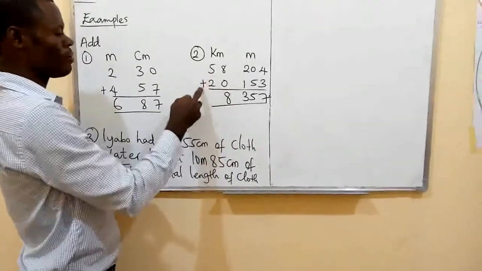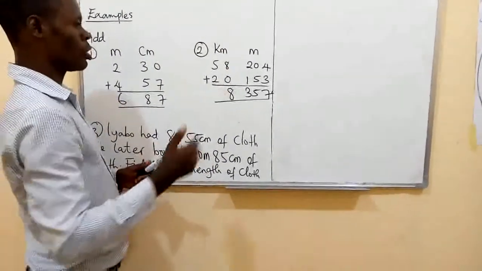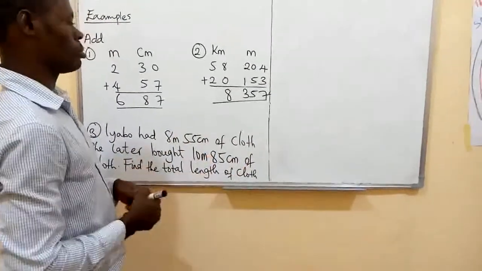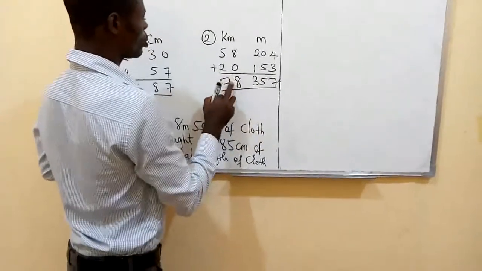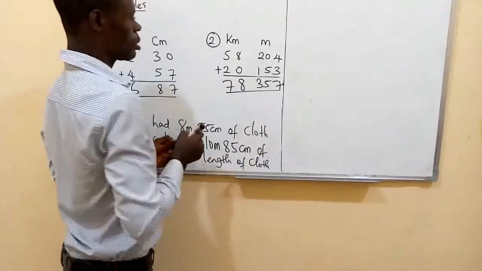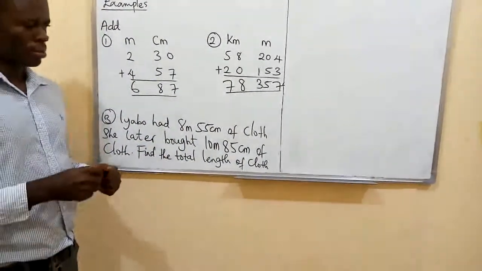Here we have 5 plus 2. Move to your rough work. Count 5 and count 2, then count them together. Your answer will be 7. So what do we have here? We have 78 kilometers, 357 meters.